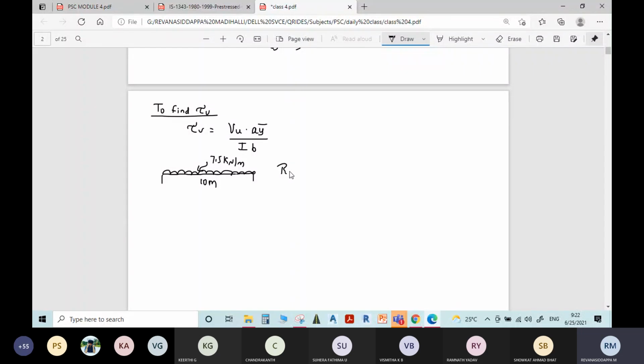Therefore, reaction will be WL by 2, which is 7.5 into 10 divided by 2. How much will you get? 37.5 kilonewton, which is in upward direction. Reaction, or 37.5 into 10 power 3 Newton.